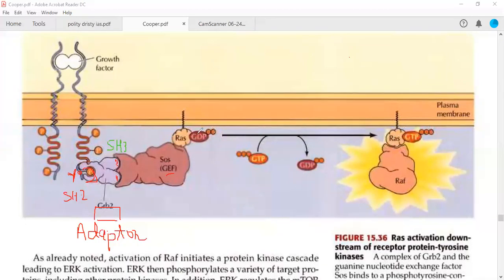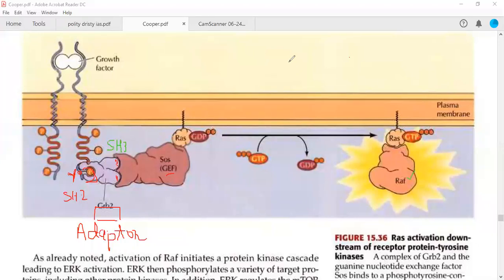If bound with GDP, then they will be in an inactive state. So hope this is clear. Once this guanine nucleotide exchange factor transfers GTP over this GDP, it will be exchanged. GDP will be removed and GTP will bind to the RAS, and this will be activated, and then it will activate some downstream proteins, for example, RAF.